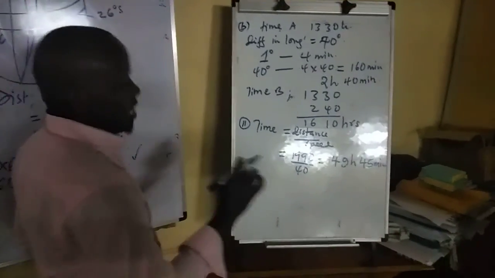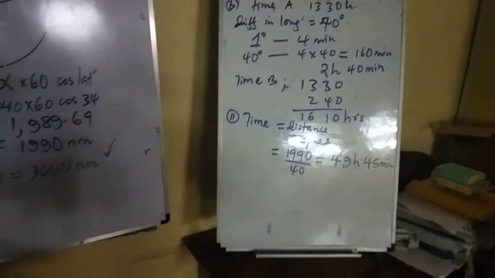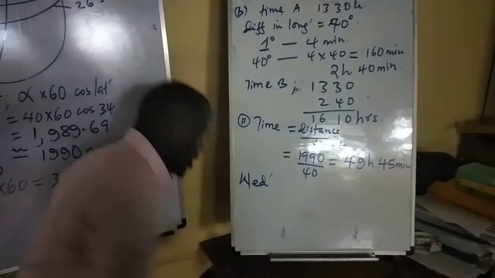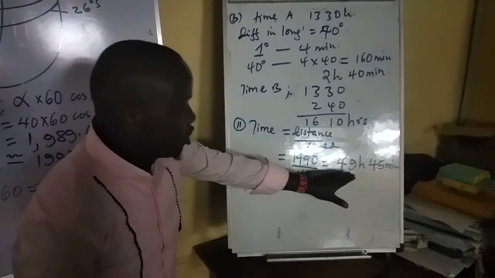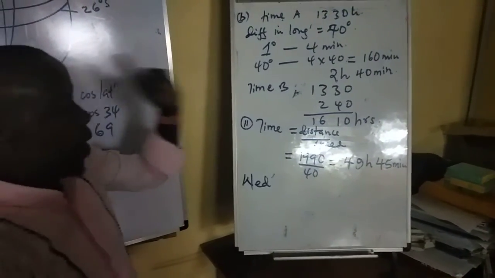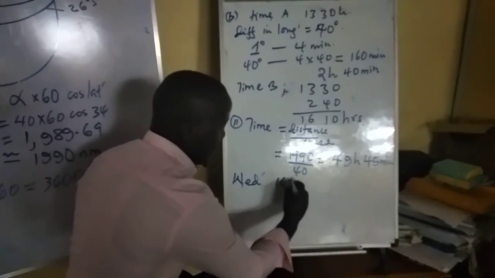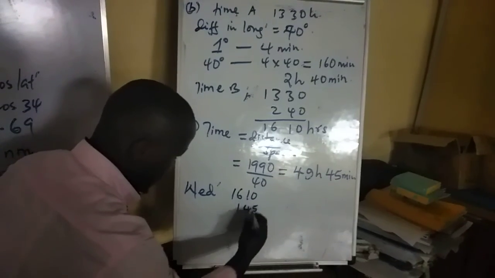First of all, the 2 days will take us to Wednesday, because it started on Monday. Above the 2 complete days, we have 1 hour 45 minutes. So we will have 16:10 plus 1 hour 45 minutes.